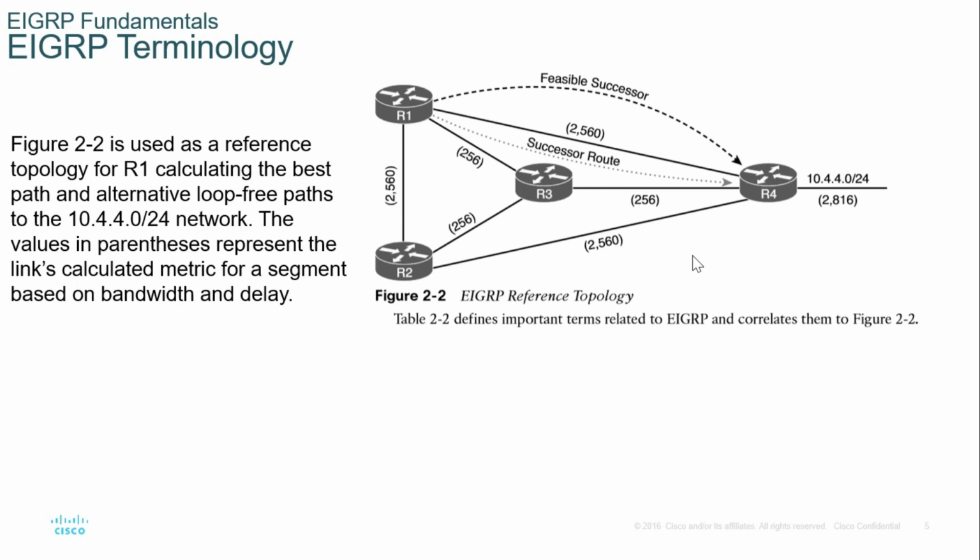Dia adalah a composite metric, maksudnya gabungan beberapa parameter. Contoh yang paling common adalah kita gunakan bandwidth dan delay. Ada lagi 3 parameter, tapi selalunya kita enablekan parameter bandwidth dan delay. So a combination of these two akan dapat value sebagai metric. Contoh yang diberi dalam kurungan ni.